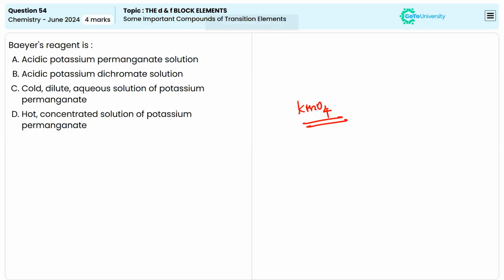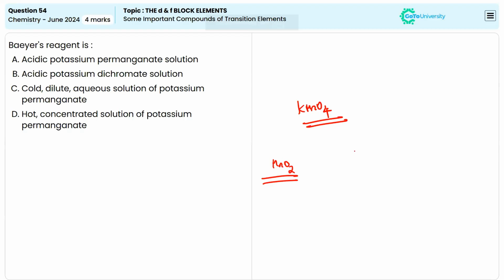When alkenes or alkynes containing unsaturated bonds react with Bayer's reagent, the purple color of potassium permanganate disappears. As a result, they will produce a brown precipitate of manganese dioxide as well.